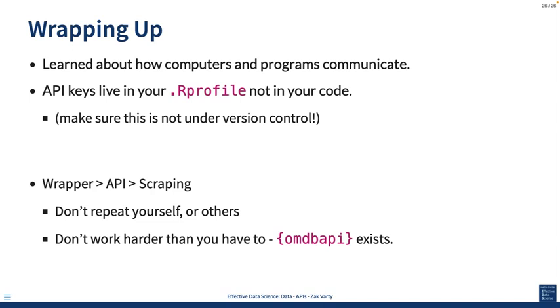So in our second example, we accessed an API directly, which we didn't even need to do. If we'd done a little bit of Googling, we could have seen that the OMDB API has a wrapper package, imaginatively named omdbapi, and we could have used that instead to access the API directly without having to use httr. So in summary, you want to make sure you're keeping your details safe and you're not doing more work than you absolutely have to.